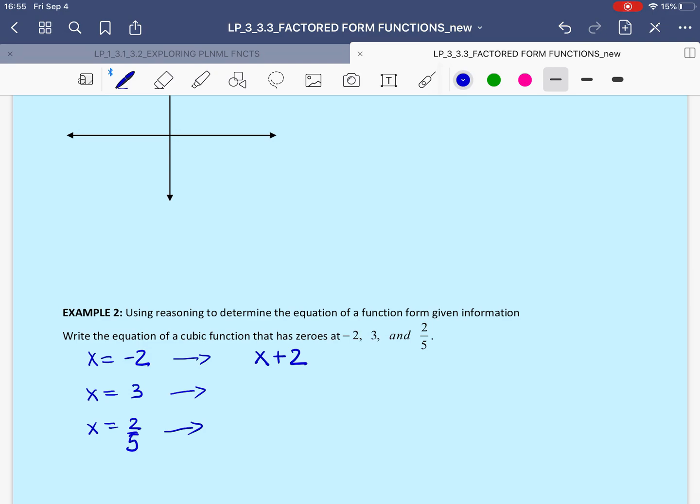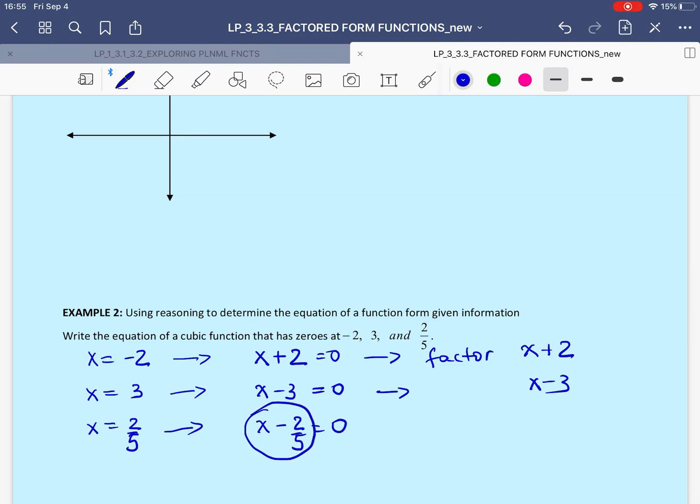So x equals -2 must have come from the factor x plus 2, making x plus 2 equal to 0. x equals 3 must have come from making x minus 3 equal to 0. x equals 2/5 must have come from x minus 2/5 equal to 0. So the factors are x plus 2, x minus 3, and I'm going to do a little trick to this one here.